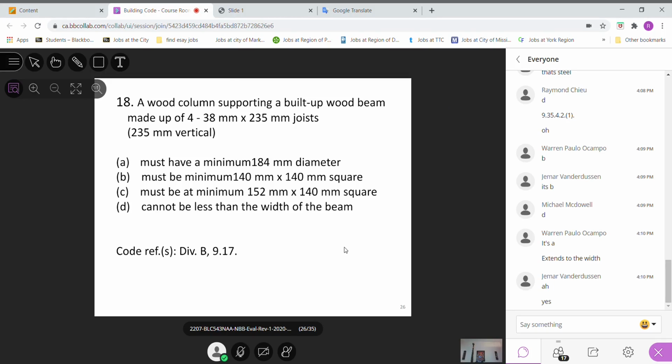Wood column. Column would be in what part of the column?